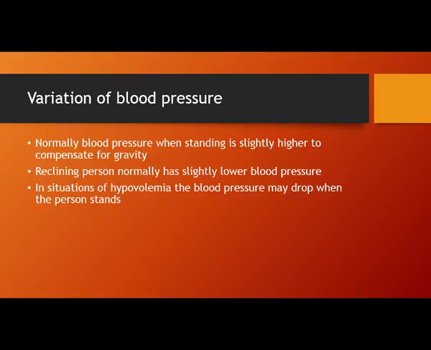And this is just the body has various systems to compensate and try to maintain homeostasis. And so in order to compensate for the gravity, the body will slightly increase our blood pressure. The reclining person will be more relaxed, and they'll normally have a slightly lower blood pressure.